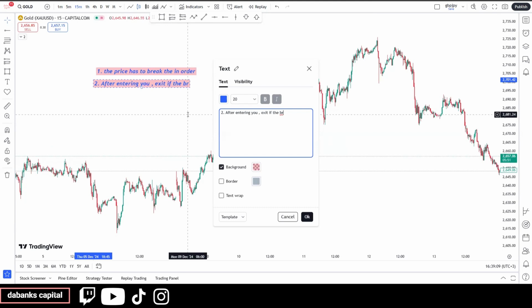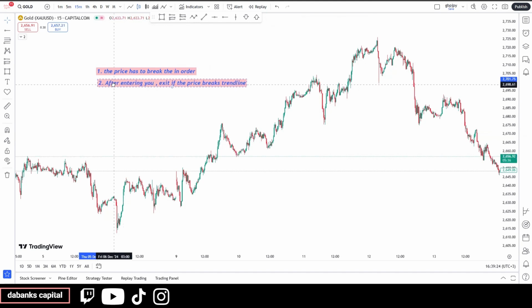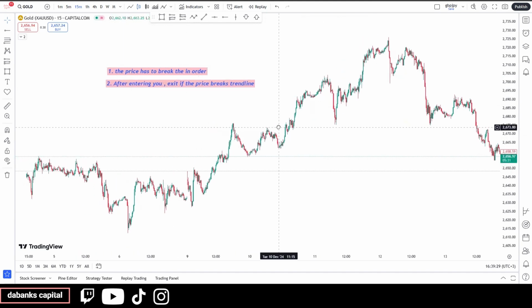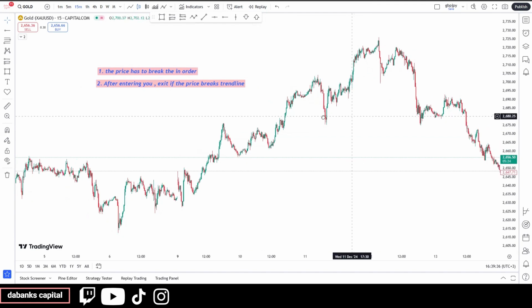So these are the rules that we are going to follow. So for example, let me say this is our chart. It's a 15-minute chart, and as you can see when I'm scrolling it around, it is trendy.